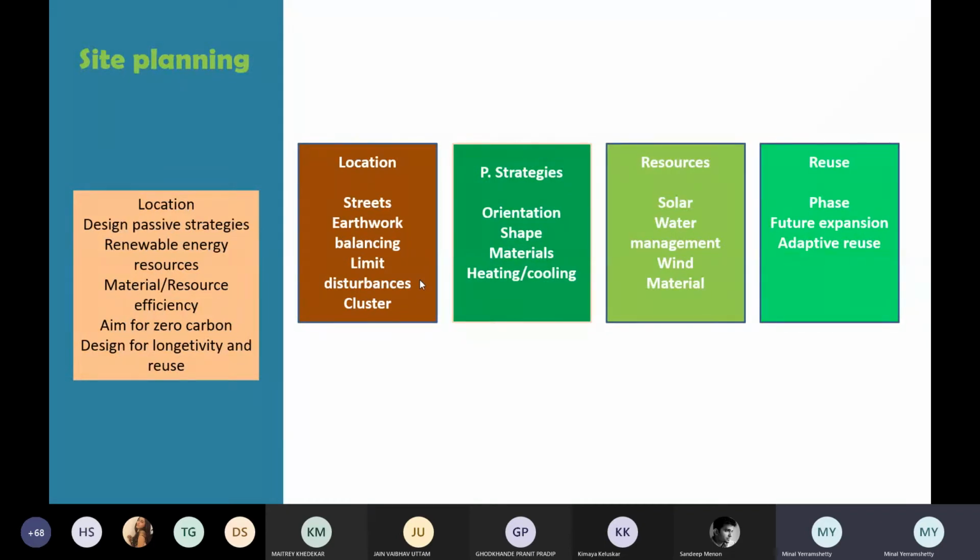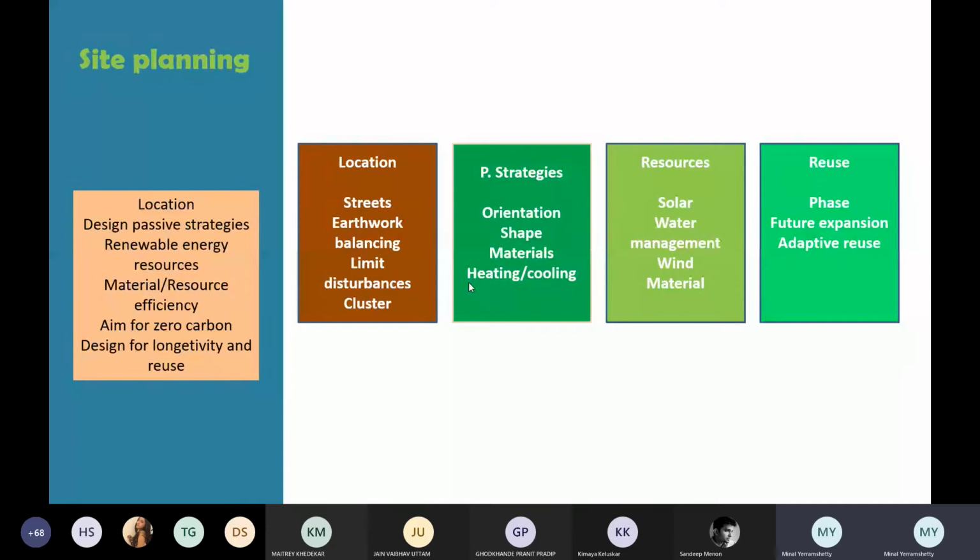How do you limit disturbances on the site, the do-no-harm principle. Orientation, shape, material, heating, cooling, I really do not need to go into this. Resources: after your human and economic resources come all your environmental resources. Human is not your concern right now at the thesis level. We assume there are no problems, we are getting labor cheap and nice.